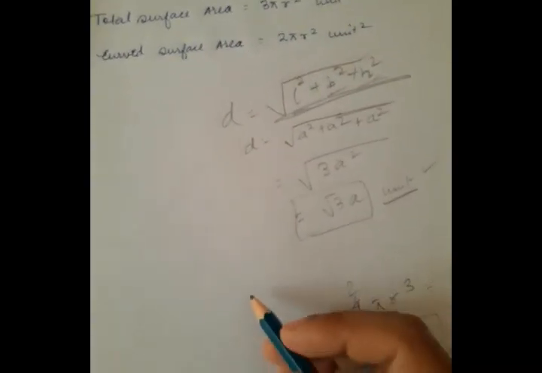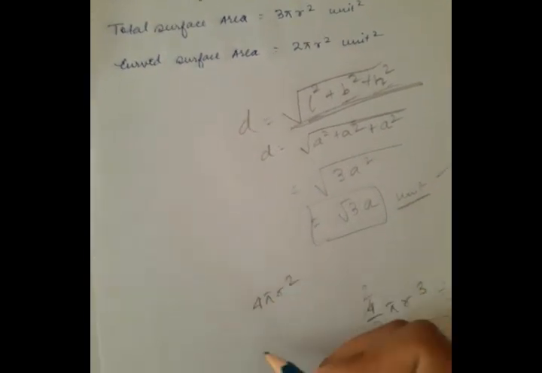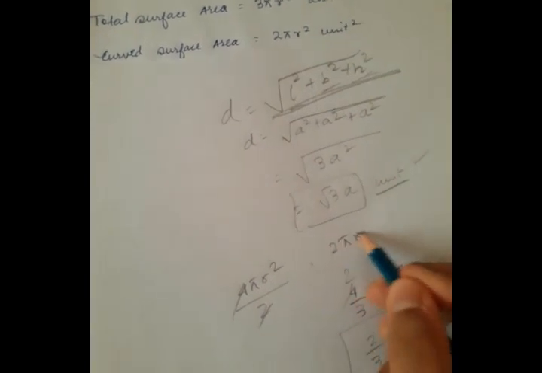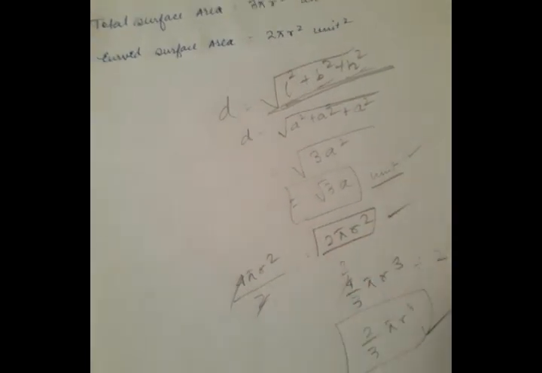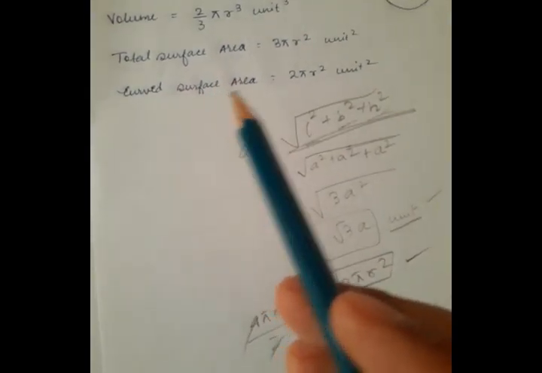So the curved surface area formula is 4 pi r square for a sphere, and by dividing it by 2, we get 2 pi r square. That is the curved surface area.